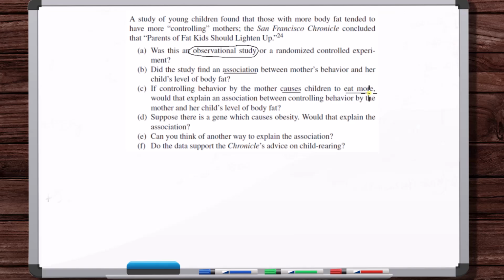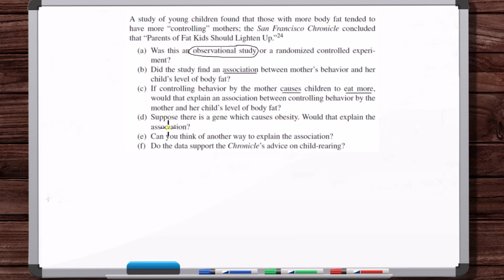That's a key word too, because you could definitely not only associate, but even attribute as a cause eating more to higher levels of body fat. This would explain the association. Yeah, it would. If you could prove that controlling behavior by the mother causes children to eat more, then that would explain the association. Suppose there is a gene which causes obesity.